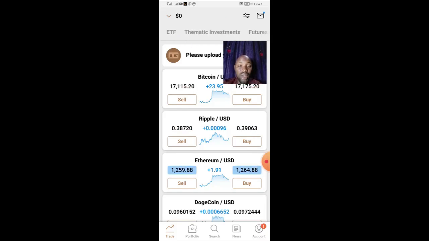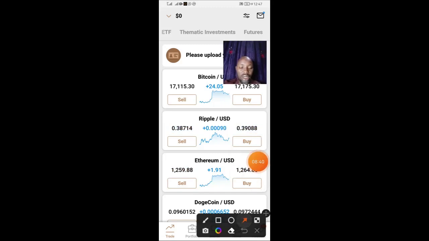Then you can also trade thematic, they call it thematic investment. And you can also partake in futures trading.